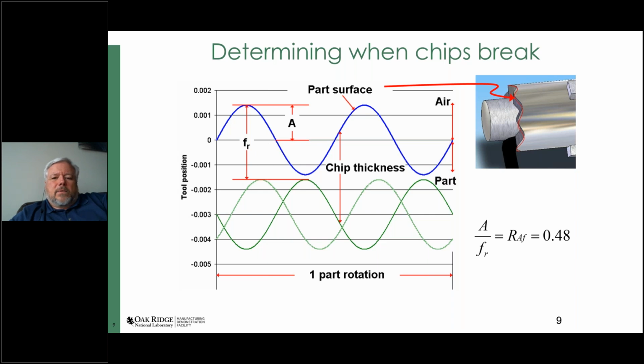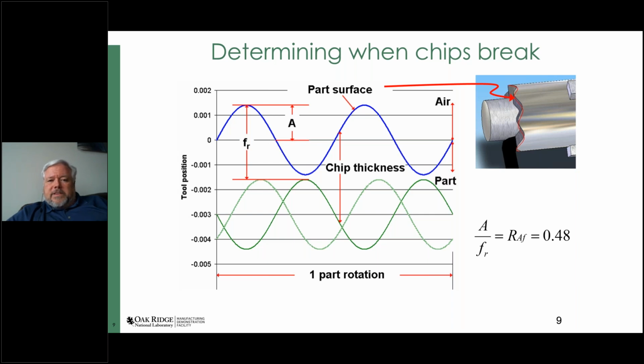Okay, so it's going to depend on a few things. One is, and we can see it on this picture, the amplitude of the motion that I superimpose. And that's the thing that's marked A in the picture, right? What's the size of the motion that I'm superimposing?